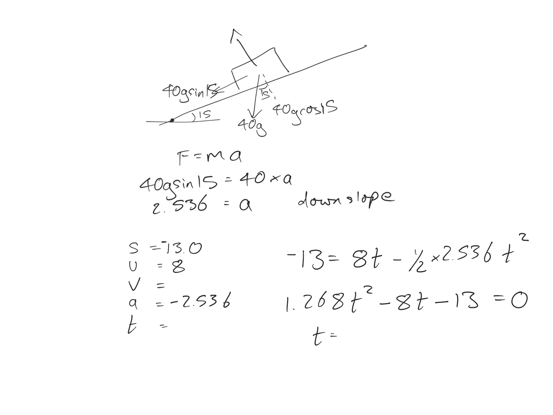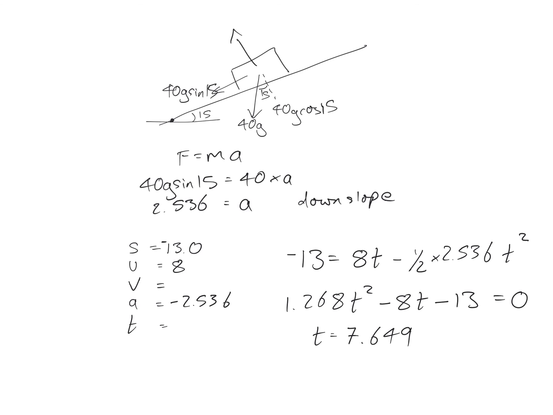So t from the quadratic formula is minus b, so that's 8, plus the square root of b squared, 64, minus 4 times a, 1.268, times c, minus 13, all divided by 2 times 1.268. t equals 7.649.